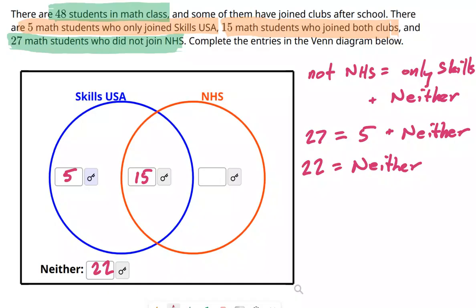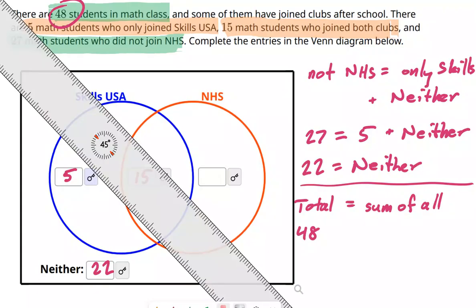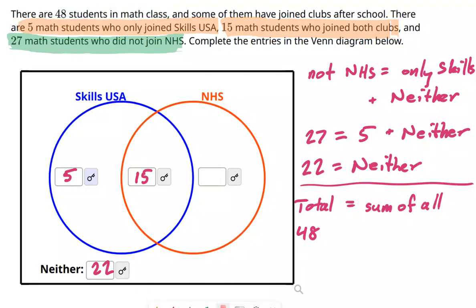And then we say to ourselves, okay, what's this last box right here? How many students are only in NHS? Well, the way to figure that out is to make another one of these statements. This time we're going to say total number of students equals the sum of all boxes. Okay, so if there are 48 students total, we were given that information right up at the top, then we're going to add in the rest of the information that we have.